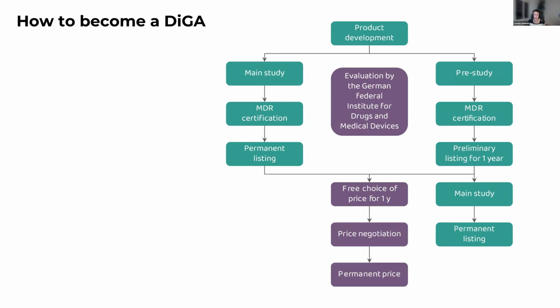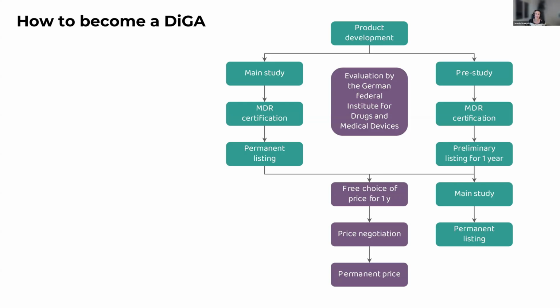It needs to be a medical device, which also has quite a lot of requirements. And then it's possible to go either for permanent listing or for preliminary listing. In both cases, there's a free choice of price for the first year. Afterwards, there's a price negotiation with the healthcare insurances, and then you have the permanent price that is given for that application. And I think up to date, we have about 40 DiGAs available in Germany.